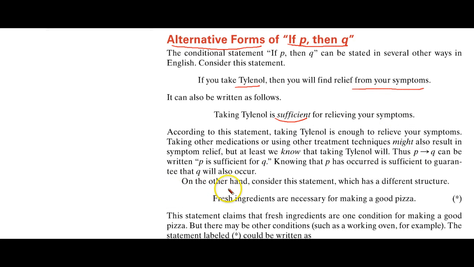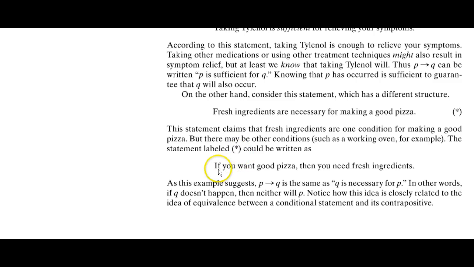Going on to another, fresh ingredients are necessary for making good pizza. And again, that could be in an if-then, but there may be other conditions, such as a good working oven, an experienced staff, that could be written in an if-then way.